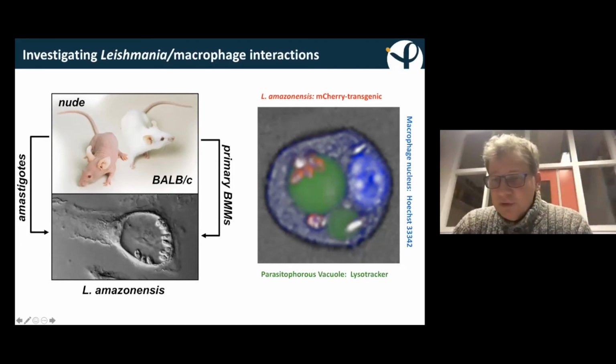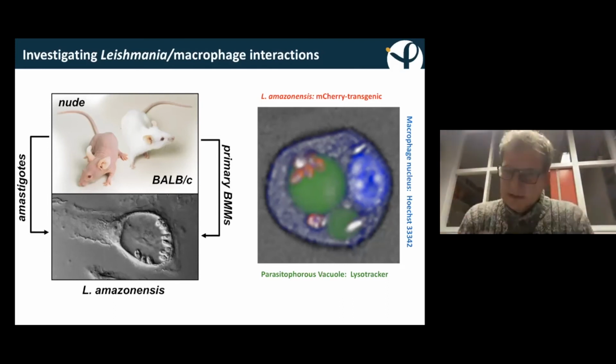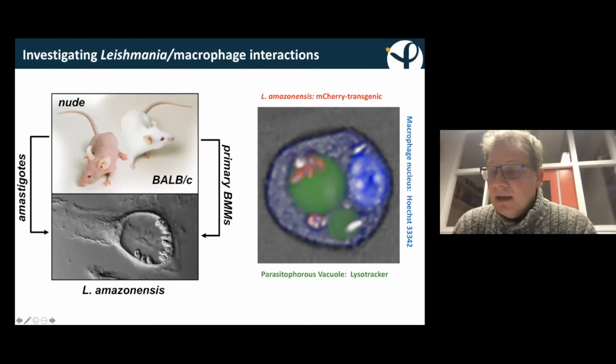We have this huge green ball, which is the vacuole. This is a chemical that turns green every time there is an acidic pH. And of course, these phagolysosomes or vacuoles are extremely acidic because it's like a stomach. And so this is what we use to visualize the house of Leishmania. And then in blue is another staining that allows us to visualize the macrophage nucleus.